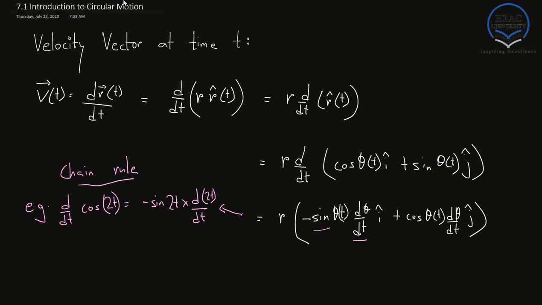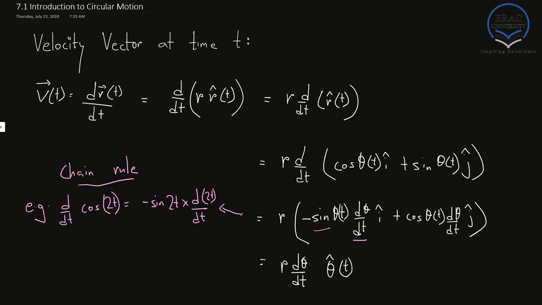Okay, so now we can take d theta by dt common, and what we have now, very interestingly, is r d theta by dt theta hat t. Interesting, right?